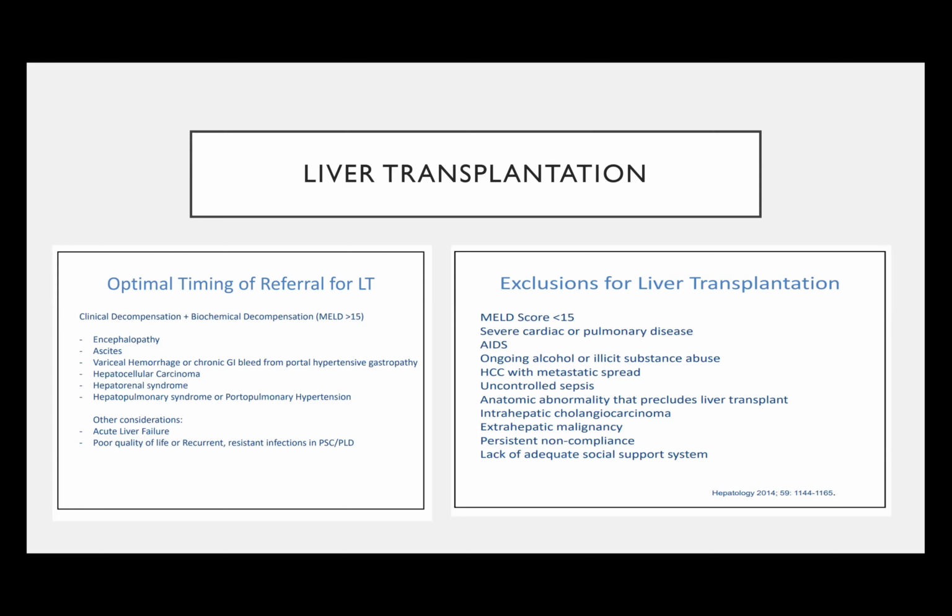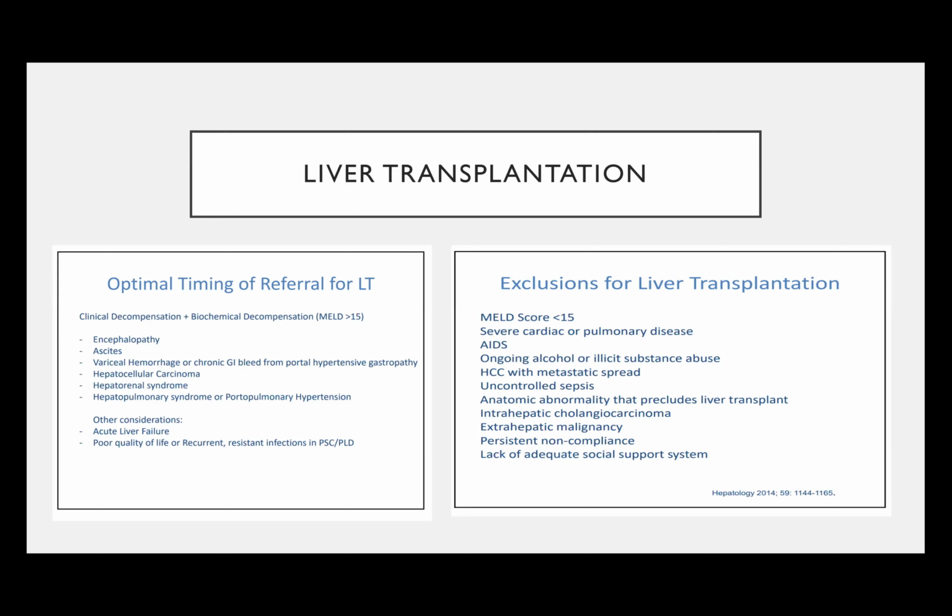I'm not going to get into acute liver failure because of other toxins, because we're not really talking about that. But specifically with the cirrhotic, if you have any of those, and if you have a MELD score of more than 15, these patients automatically qualify for being on the transplant list.